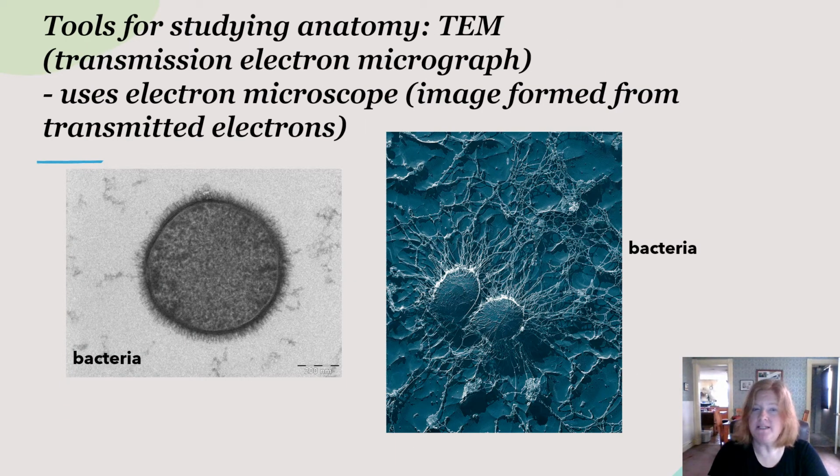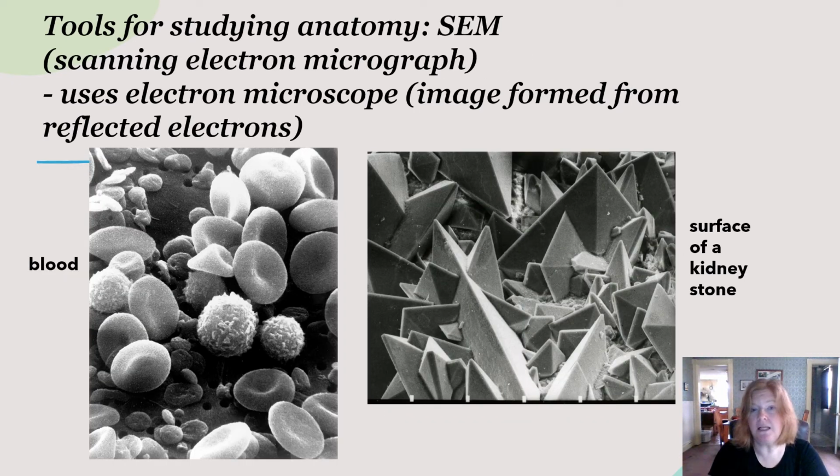And then there's a transmission electron micrograph, and this is taken using an electron microscope, and the image is formed from transmitted electrons. Okay. And obviously this gives you some more detail, gets you to see a little bit more precisely the cells.